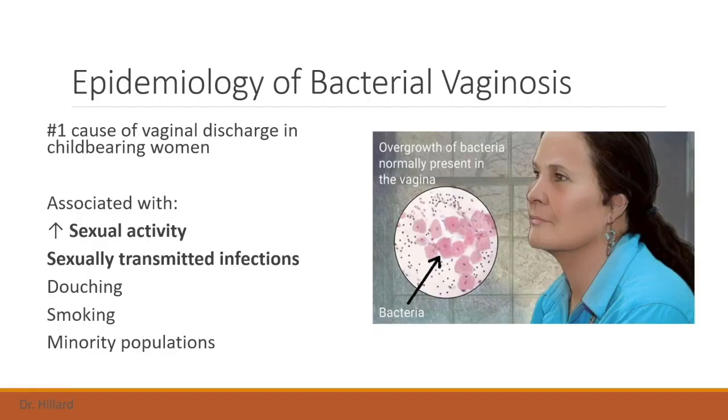Bacterial vaginosis is the number 1 cause of vaginal discharge in women of childbearing age and essentially represents an overgrowth of mainly anaerobic bacteria, which replace the normal bacterial flora. Although bacterial vaginosis is not considered a sexually transmitted disease, it is strongly associated with increased sexual activity and concomitant sexually transmitted infections.